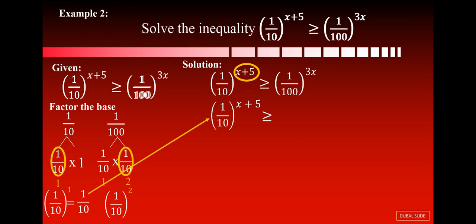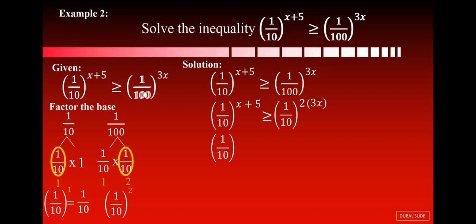And the exponential form of 1 over 100 is (1 over 10) to the power of 2. Then we copy the exponent, which is 3x, together with its inequality.